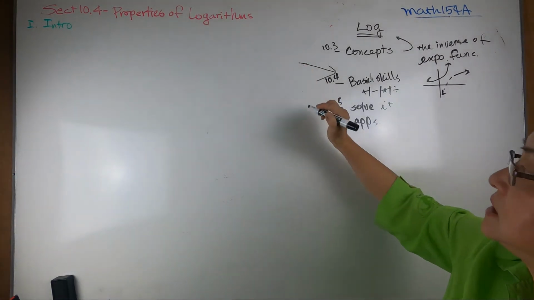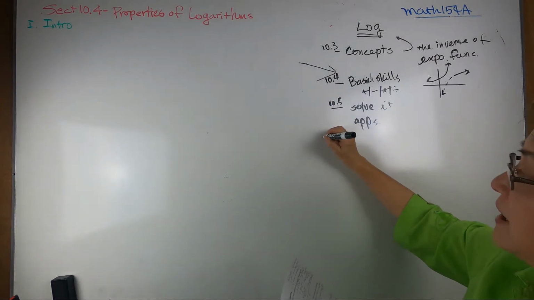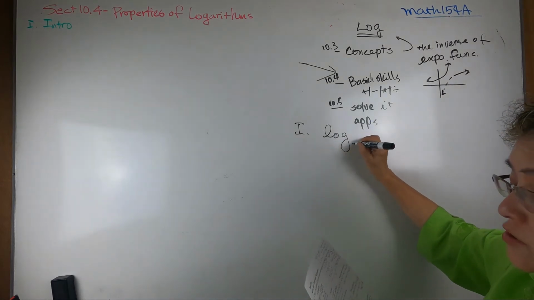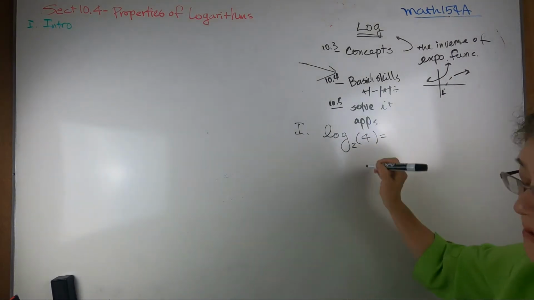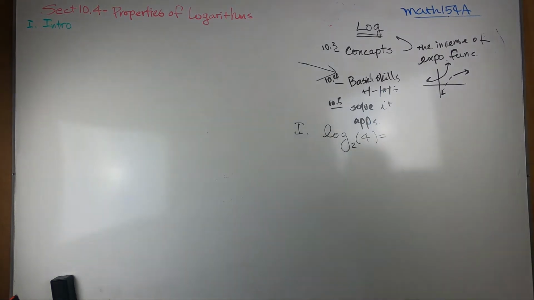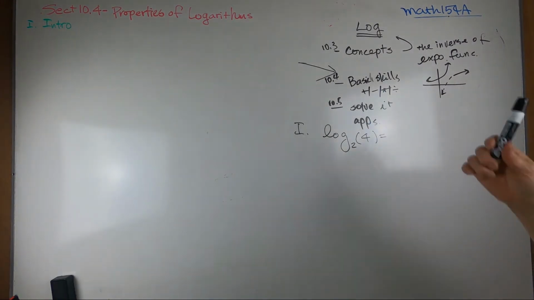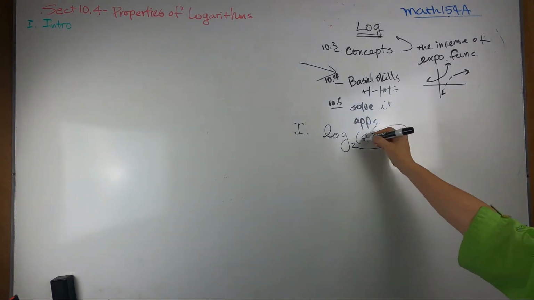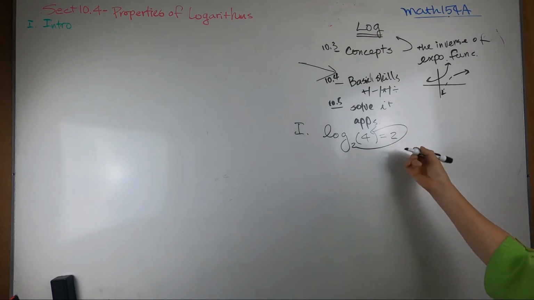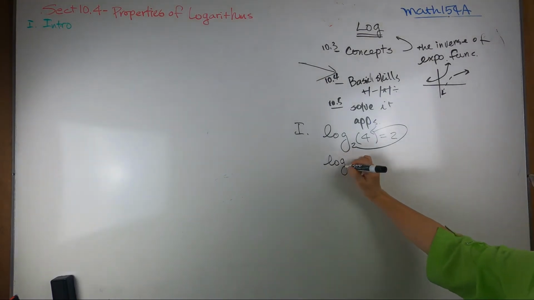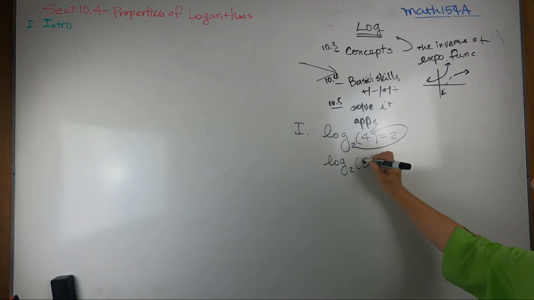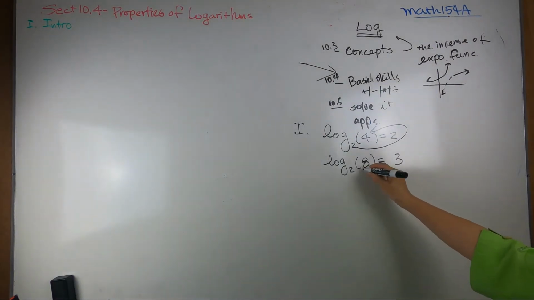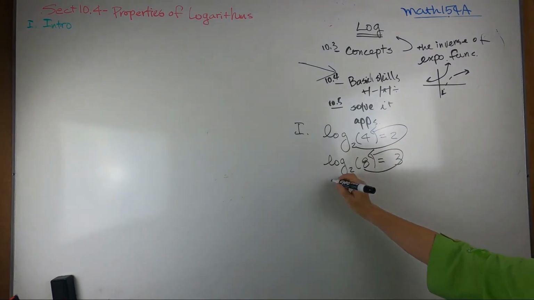So let's take a look at the review. What is log 2, 4? Which we learned last time, for the concept. Log means you hook it to the power to get the inside, which is 2. Then log 2, 8 is 3, because 2 to the third power is 8.